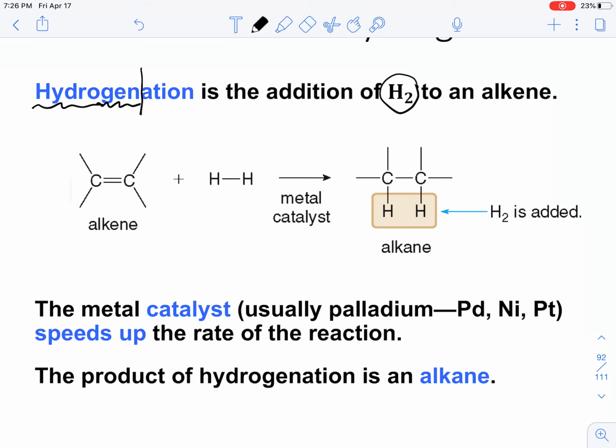Once again, imagine that one of these two bonds is broken such that the electrons go back to their original owner, so to speak.